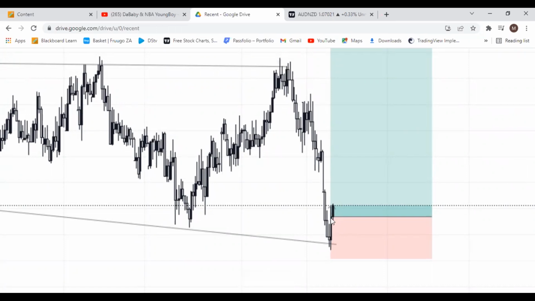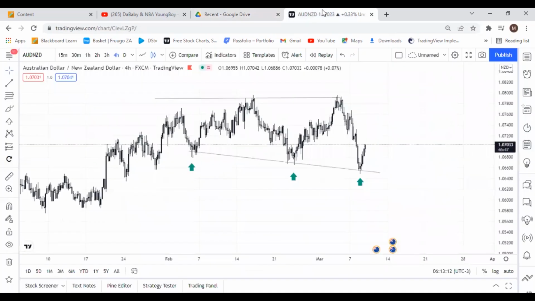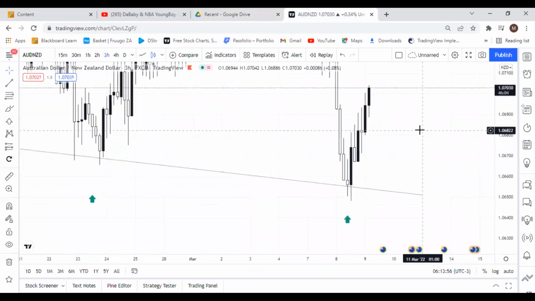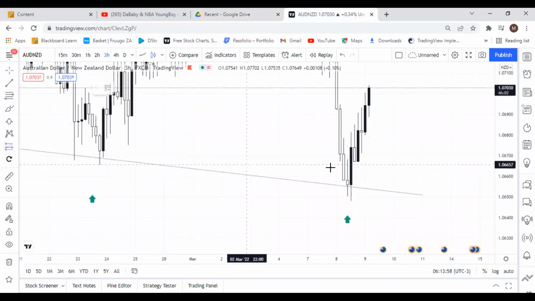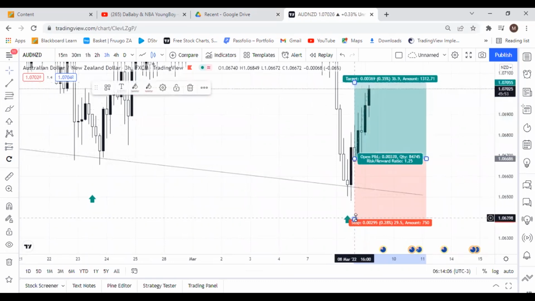So the second candlestick was my entry point, just to give you a bit of context. If I jump into the 3 hour time frame, I took my trade around these areas, and it's been buying since.